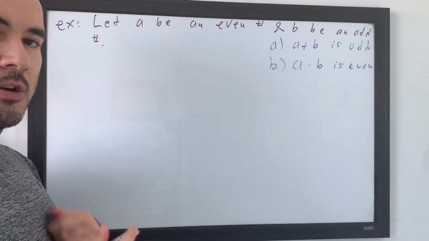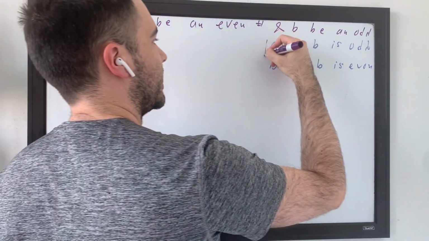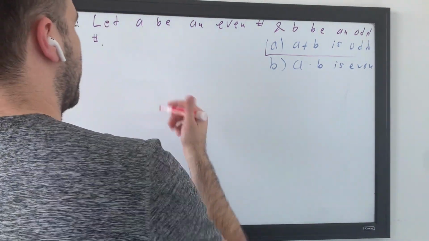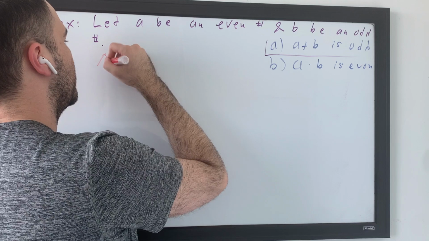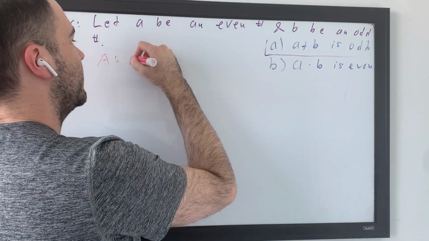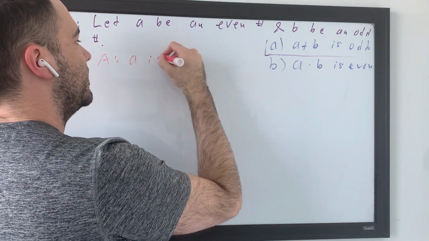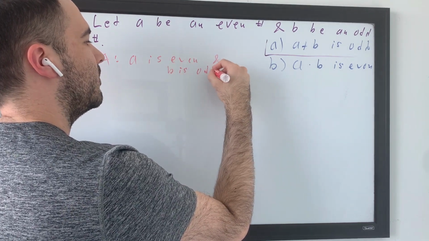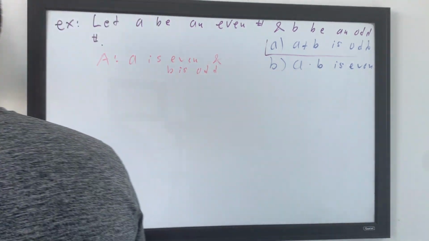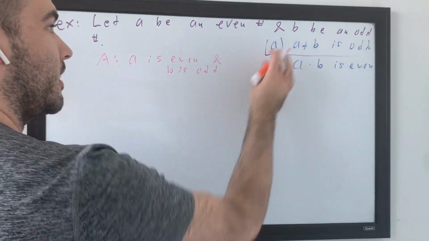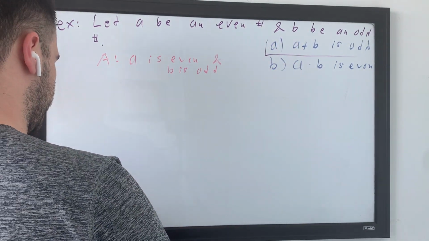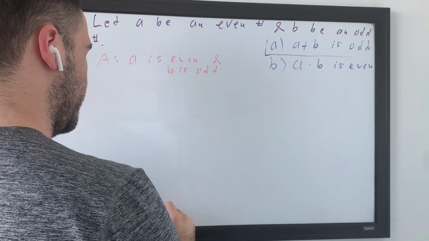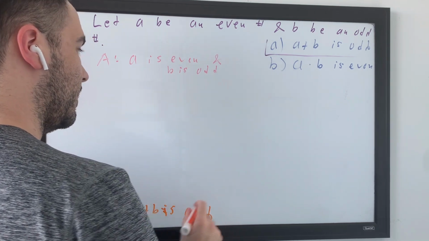And those are the two we're going to try to show. So let's start with A. For both of these, it's going to be the same, but we're going to start with our assumptions. We will have A is even and B is odd. Our conclusion is going to change slightly for part A or part B, so let's do the first one first. We will now have A plus B is odd.